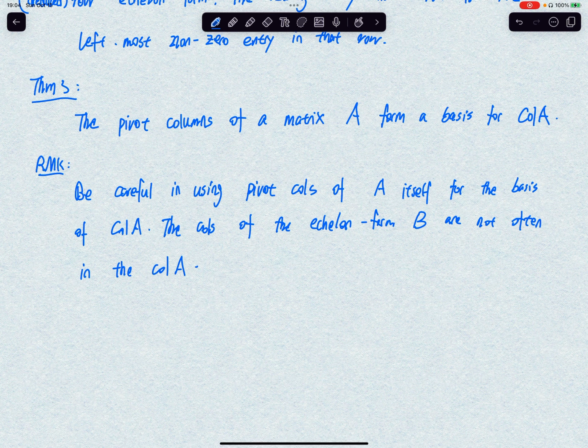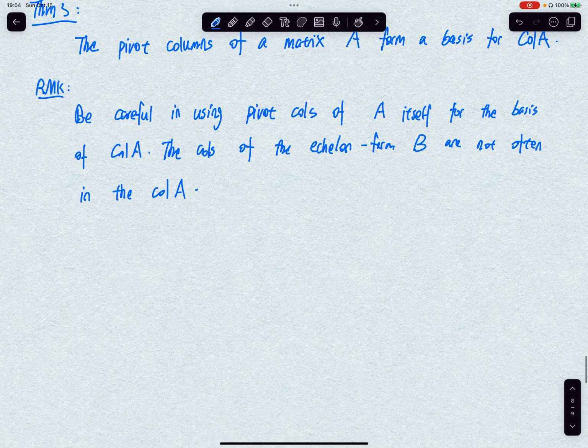And the main reason for selecting a basis for a subspace, namely H, instead of merely a spanning set, is that each vector in H can be written in only one way as a linear combination. That is the key difference between a set that spans the whole Rn and a basis of Rn.